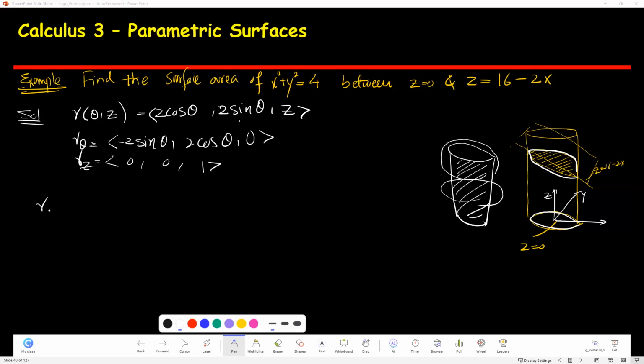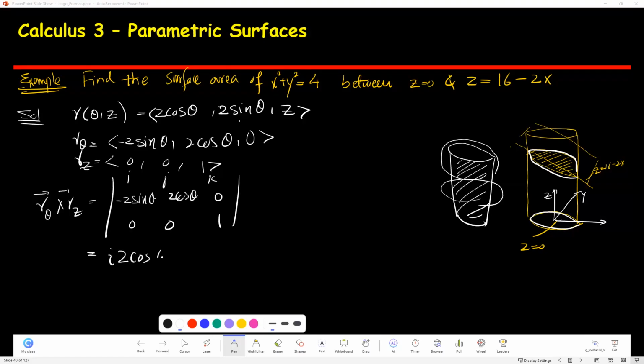I need to find the cross product between the two vectors: minus 2 sin theta, 2 cos theta, 0, and 0, 0, 1. That gives i 2 cos theta plus j 2 sin theta plus 0 k.